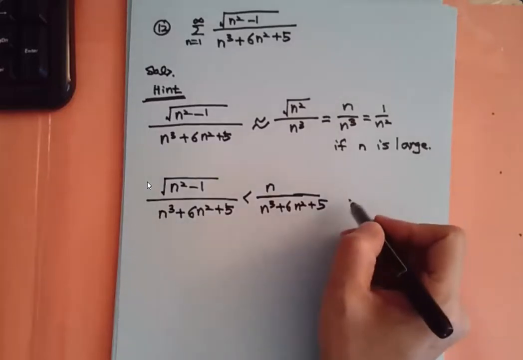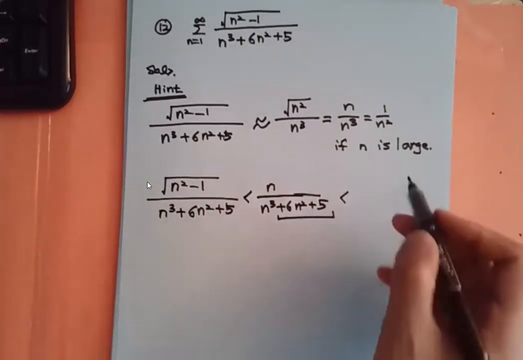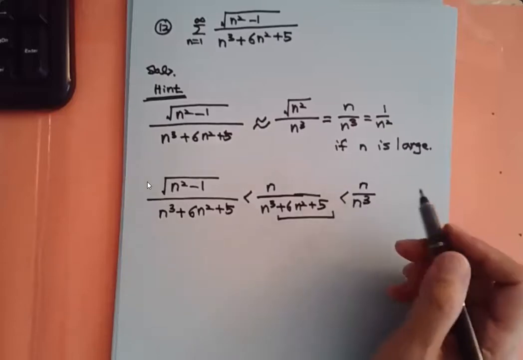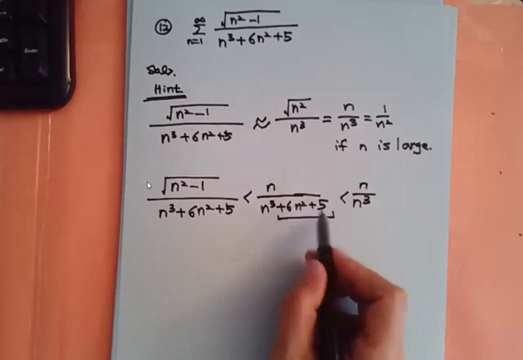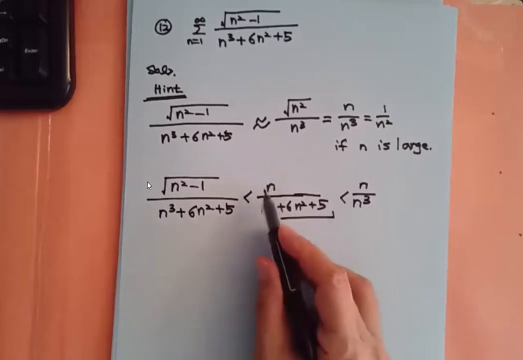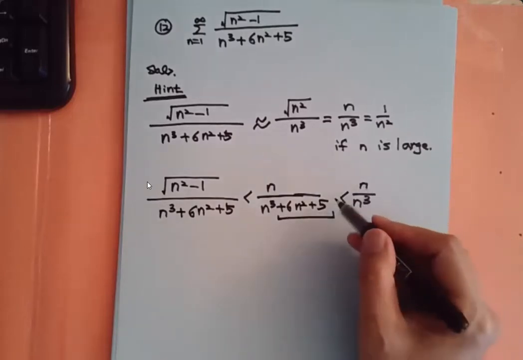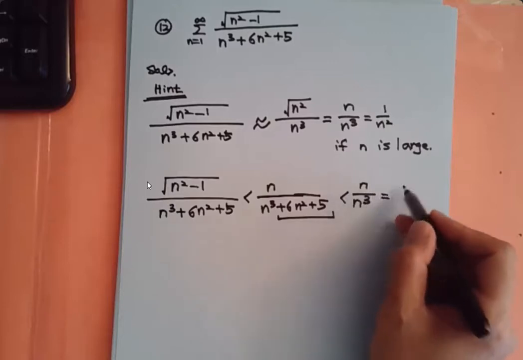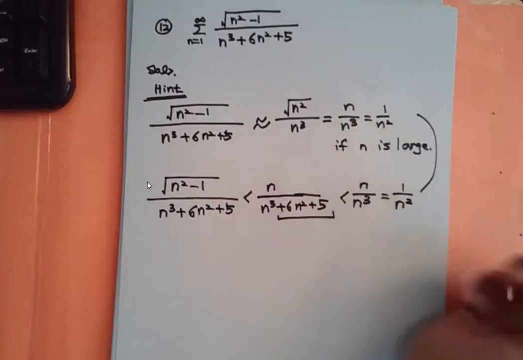Then we think about dropping this part. Then we have n over n cubed. And we are adding a positive number in the denominator, so the entire fraction will become smaller. So this fraction in the middle is less than n over n cubed, which is 1 over n squared, the same as this.